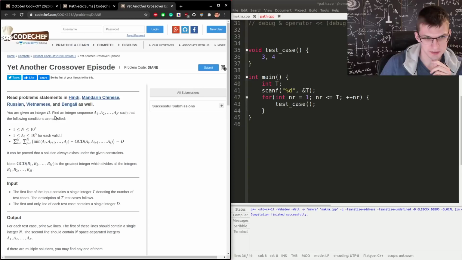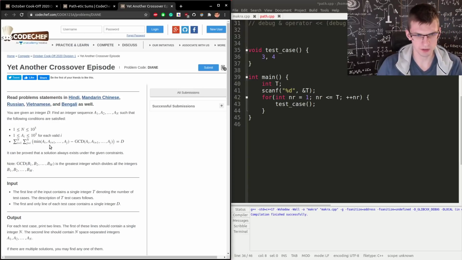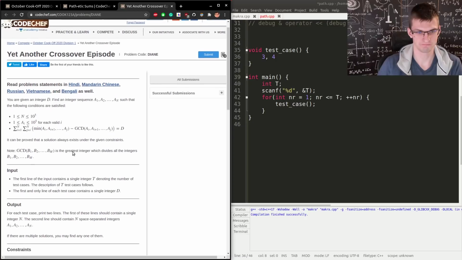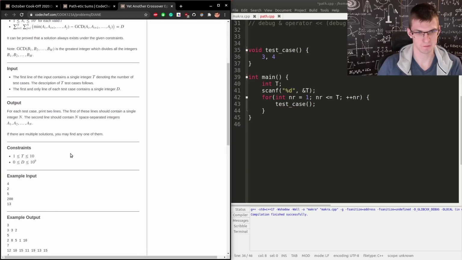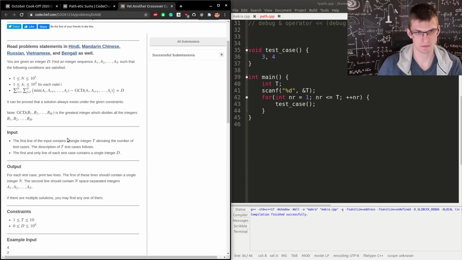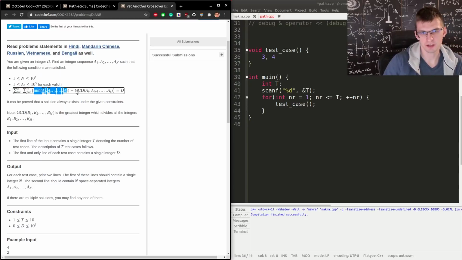Find a sequence such that the sum over minimum minus GCD is equal to D. If there is 1 in the interval, then this is 0.